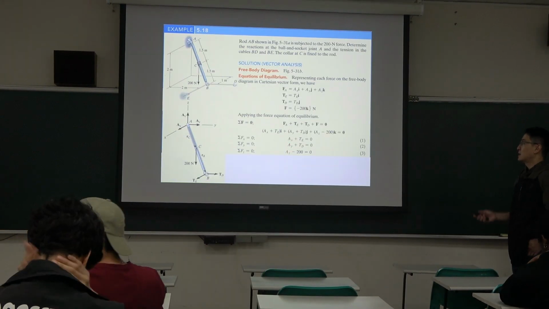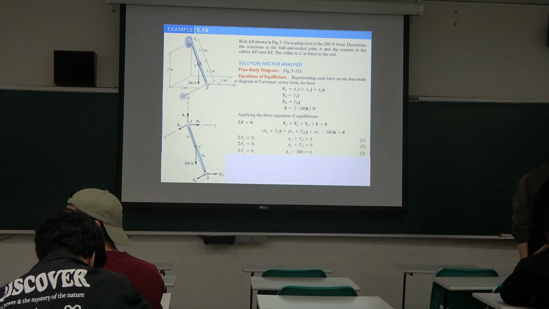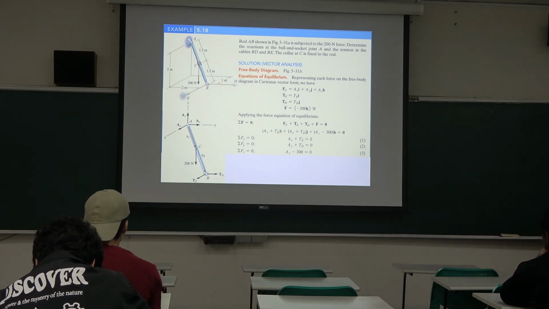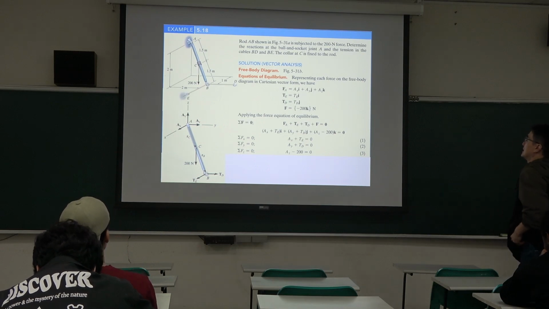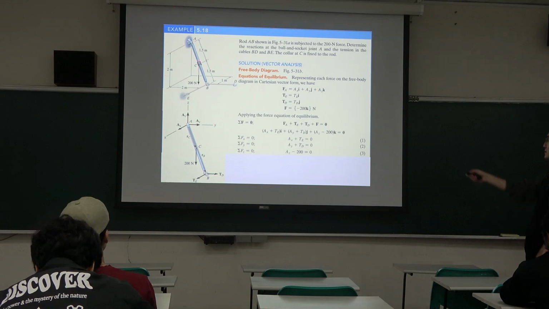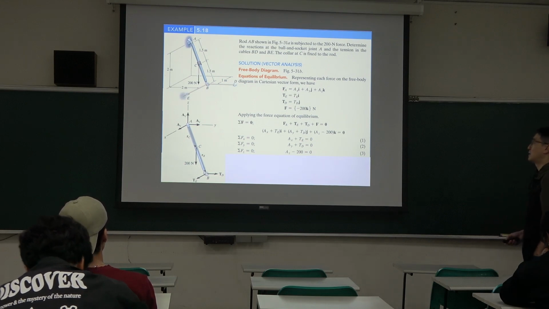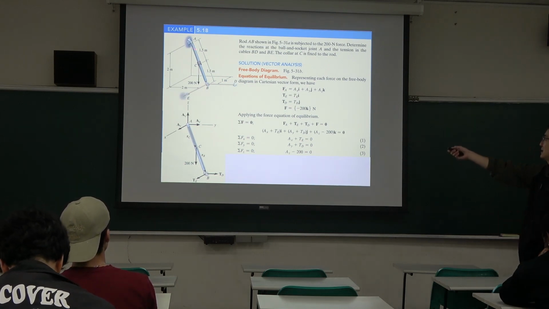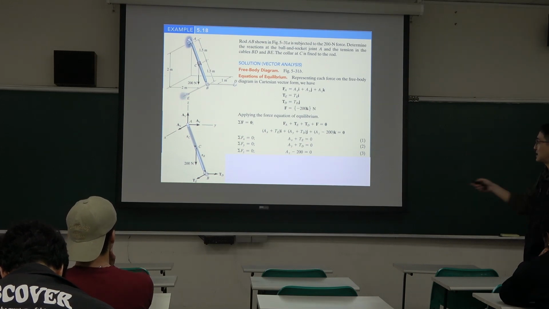Okay, so we keep on to the next example. Rod AB, this one, is subject to a 200 Newton force, right here. Determine the reaction at the ball and socket joint A here, and the tension in the cable BD.